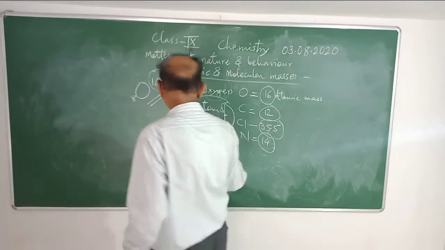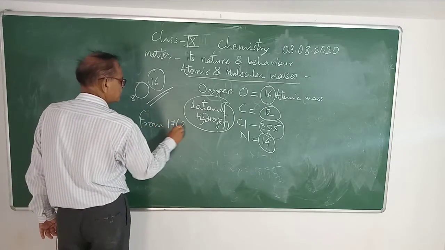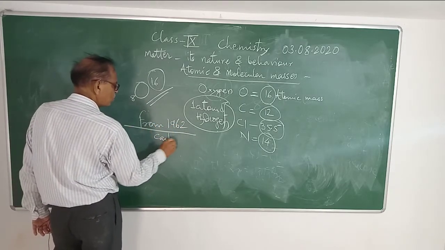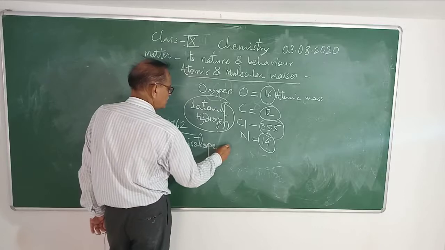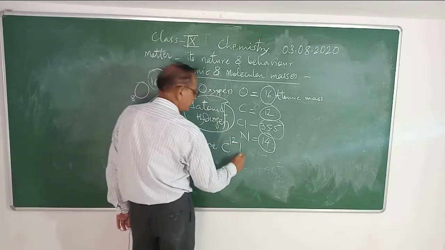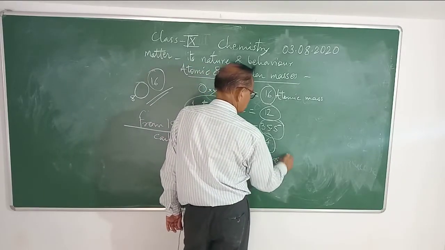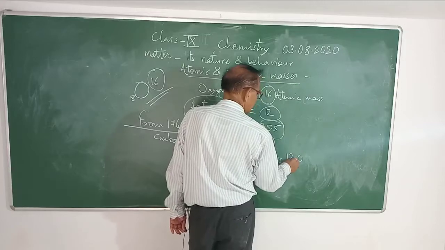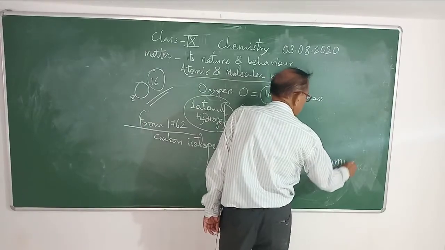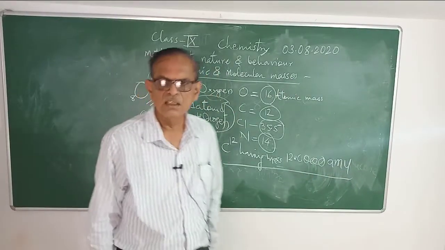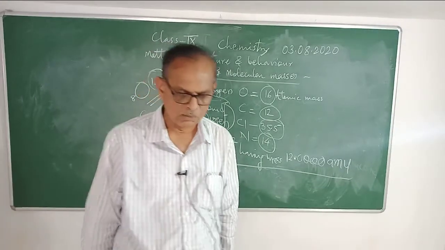And from 1962, the carbon isotope C12 having mass 12.000 AMU is used as a standard for calculating the atomic masses and also the molecular masses.